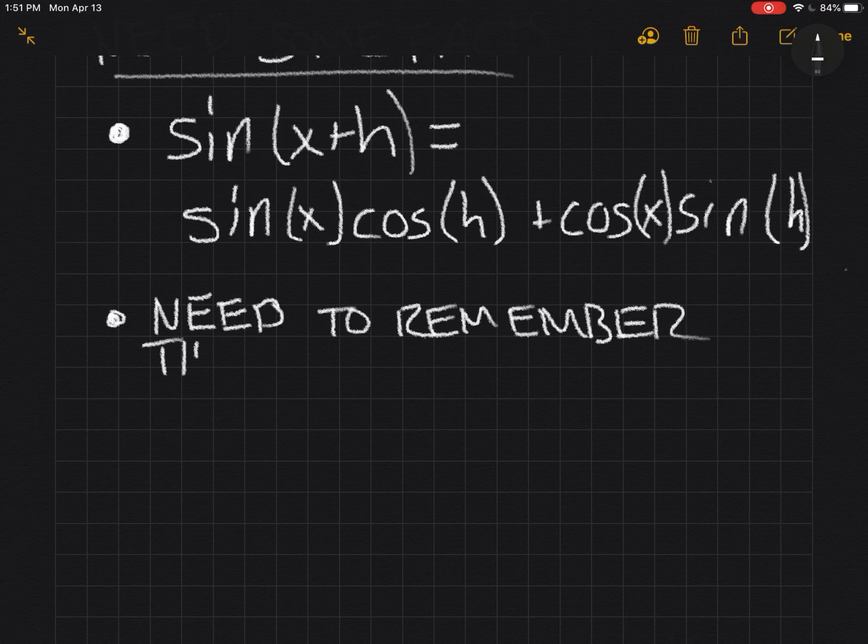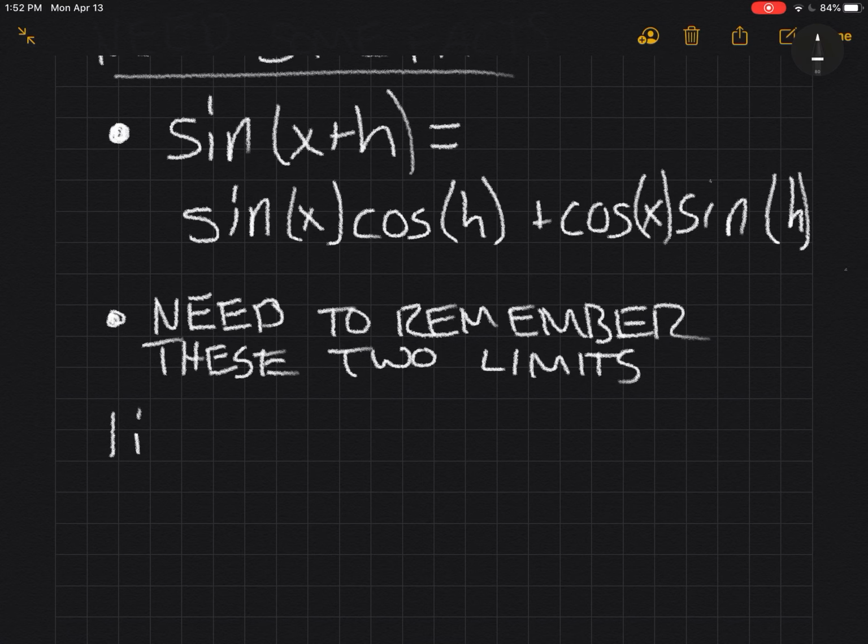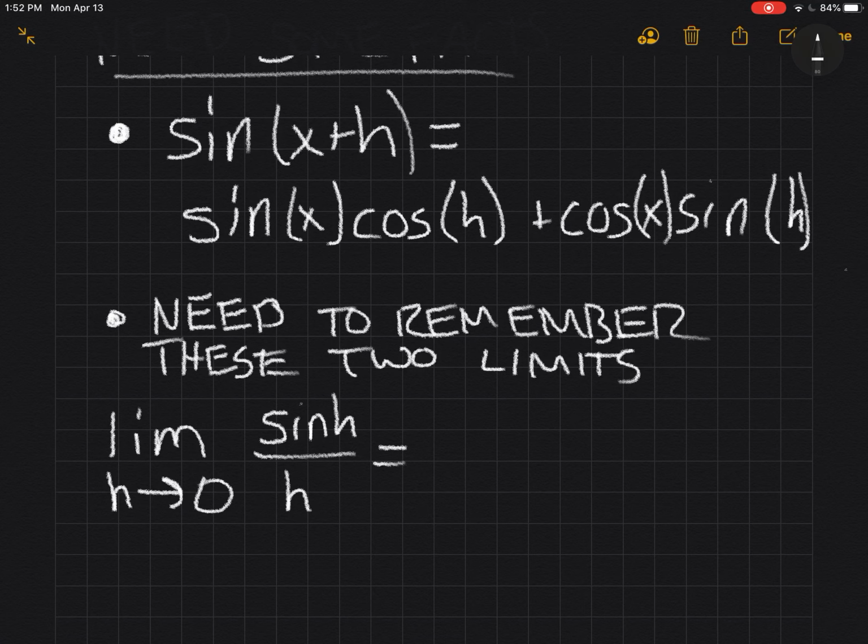We're also going to need to remember a couple of limits that we did way back at the beginning of the course. So we need to remember these two limits. Both of these facts are going to come up in our proof, and we're going to need to be able to use them.